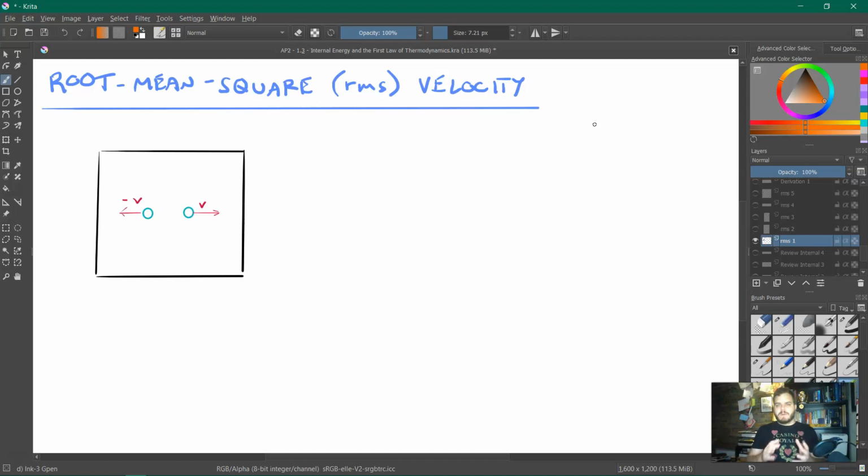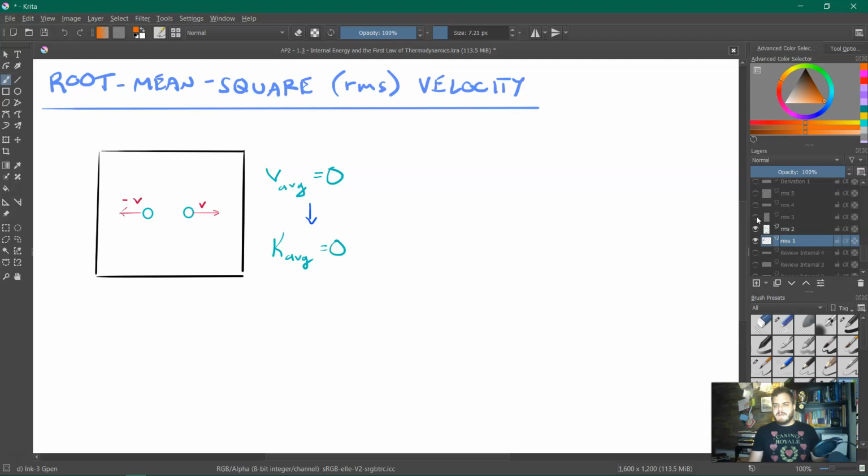If we have two particles, one moving with velocity v and one moving with velocity negative v, and we average those together, you would get an average velocity of 0, because v plus minus v is 0. And if I stuck that into the kinetic energy equation, 1/2 mv squared, we would get an average kinetic energy of 0. Now, that doesn't make a whole lot of sense, because the particles are moving. They definitely have kinetic energy.